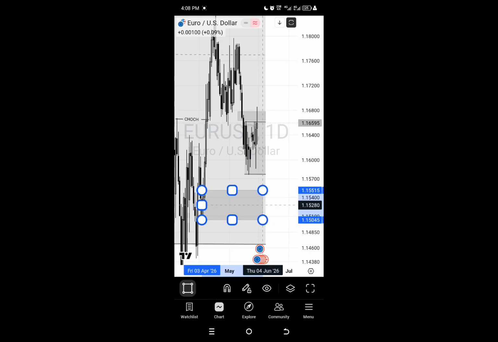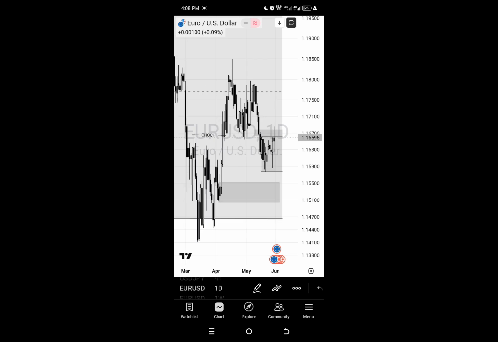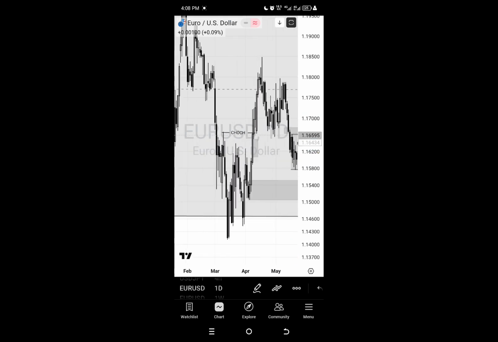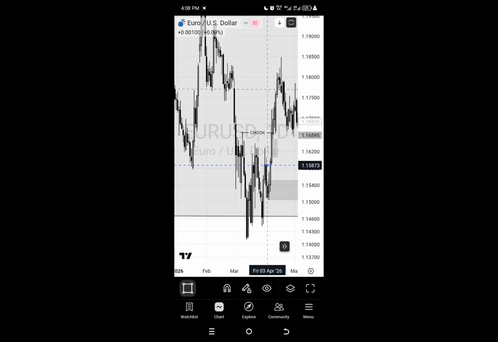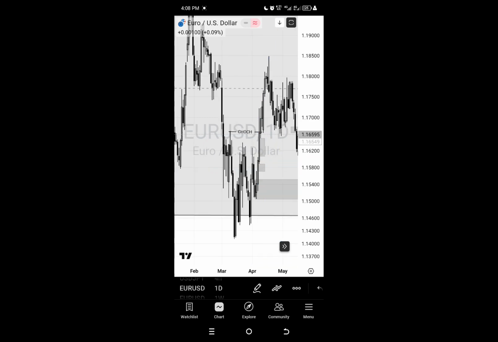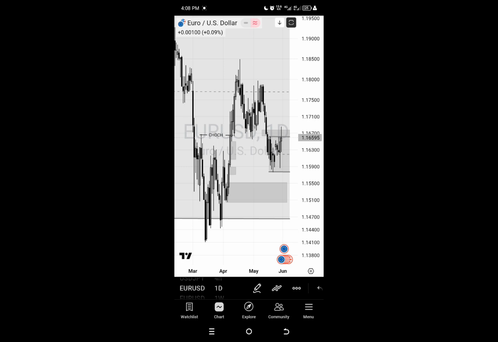Okay, I've got this bullish order block, and I also got this bearish fair value gap, and I also got this bearish fair value gap.